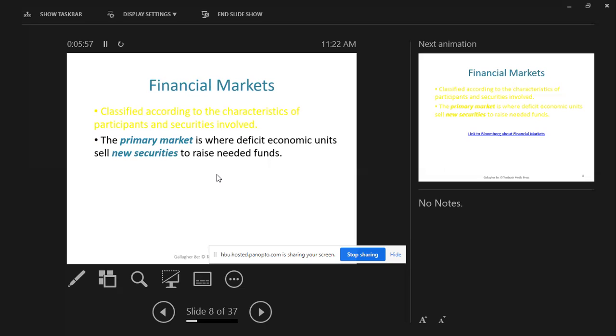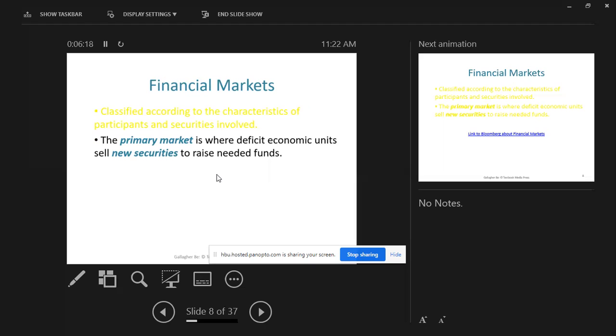IPO is a good process to create millionaires and billionaires. Let's say Facebook. You know Facebook? Do you have a Facebook account? Facebook did the IPO.